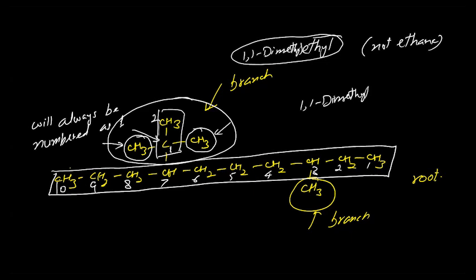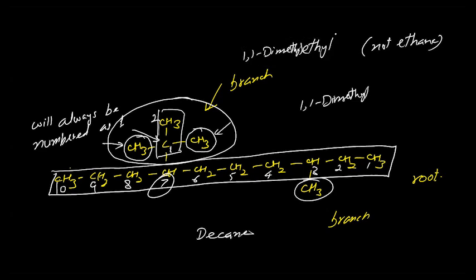So the root main chain is of 10 carbons. So I will write first the root. Root is decane. Here I will write decane in full because it is the complete root chain. After that, I will see that on third I have methyl, 3-methyl. And on 7 I have this. So when I write this one at 7, I will keep this in parentheses, brackets.